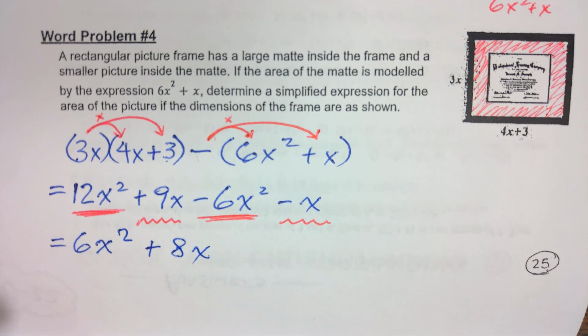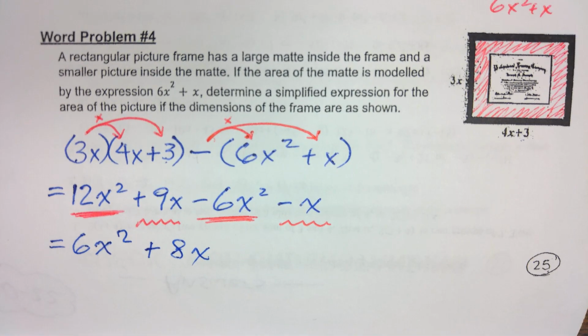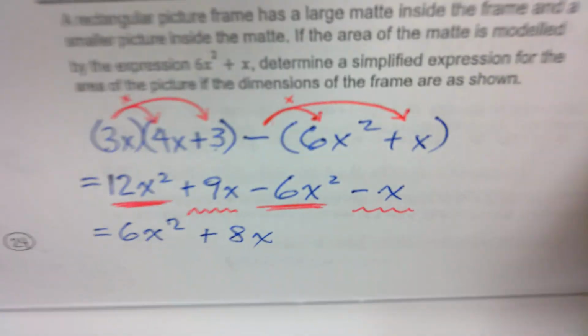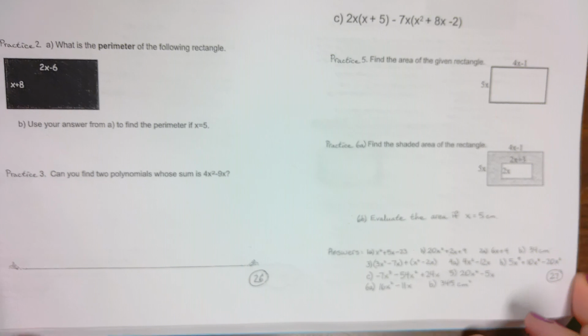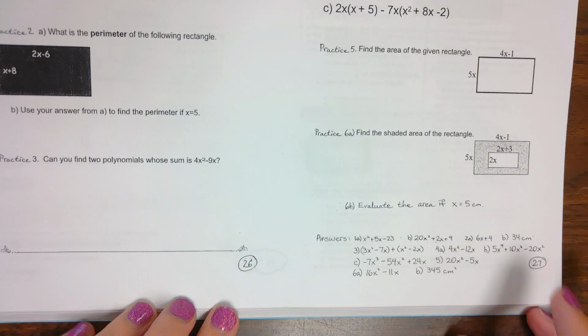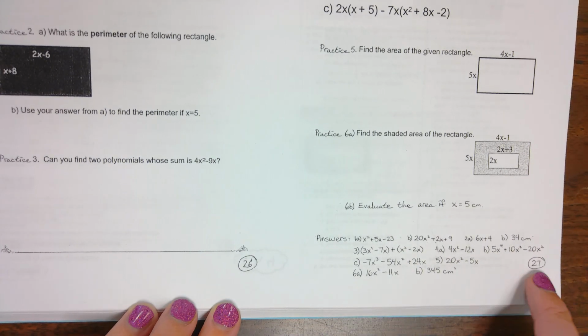Okay, that's pretty much it. Rest of the class, you are working on just page 26 and 27. Very similar questions, so just some word problems for you to keep practicing. Answers are on the bottom of the page.